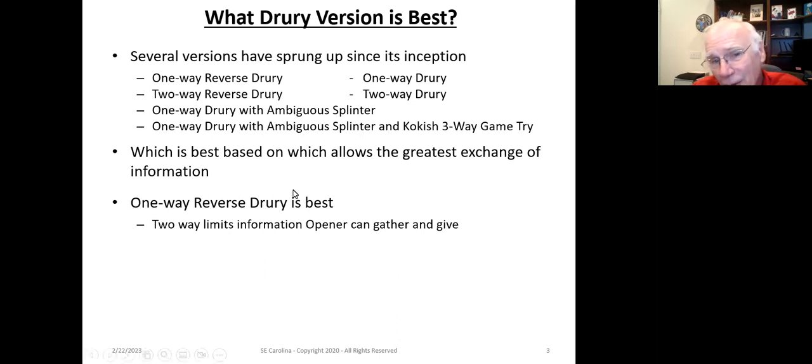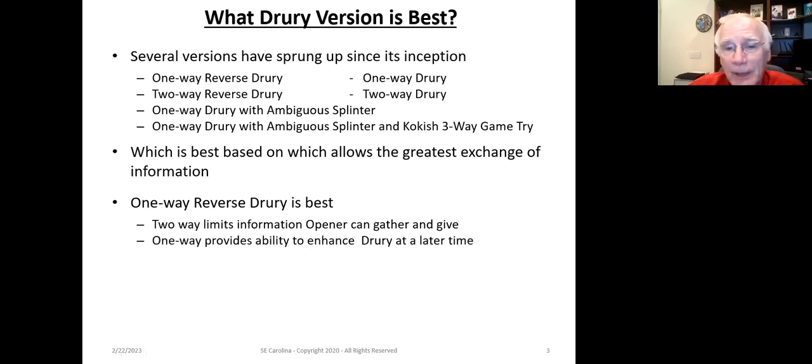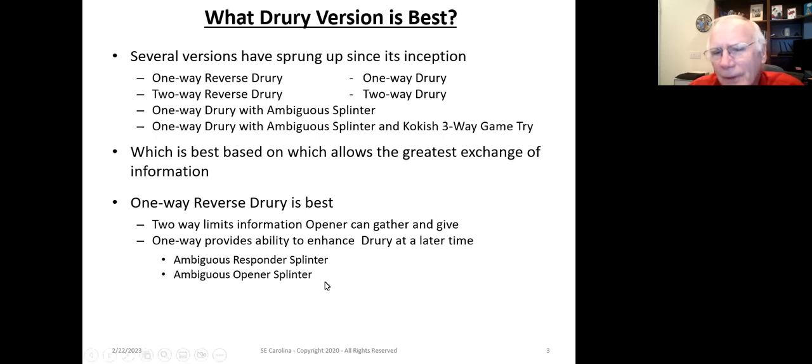The reason the two-way isn't the best is because it limits the information the opener can gather and transmit to the responder. And that's the whole key to Drury, being able to gather and transmit information. It also provides a foundation for Drury to be enhanced at a later time with some additional bells and whistles.